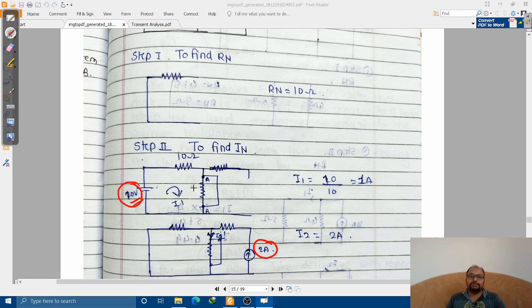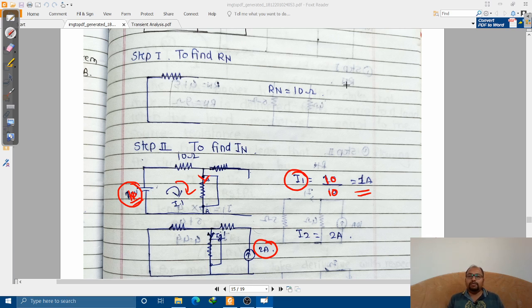So right now we are considering the 10 volt source, and the other current source we have to open circuit, right? Let us find out the current flowing through this one. So I1 is equal to voltage, that is 10, divided by resistance, that is 10. So it is giving me a 1 ampere current which is flowing through the terminals A and B.